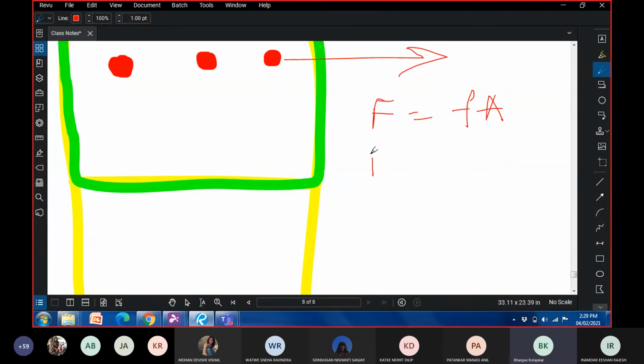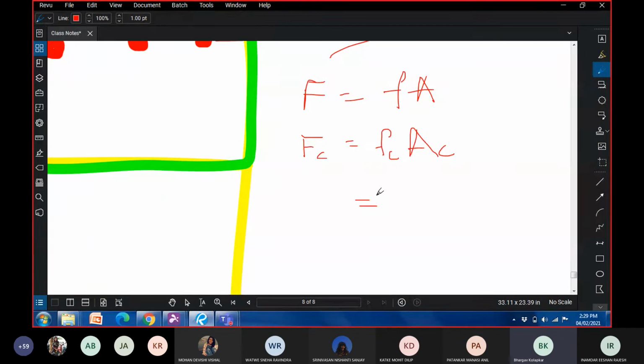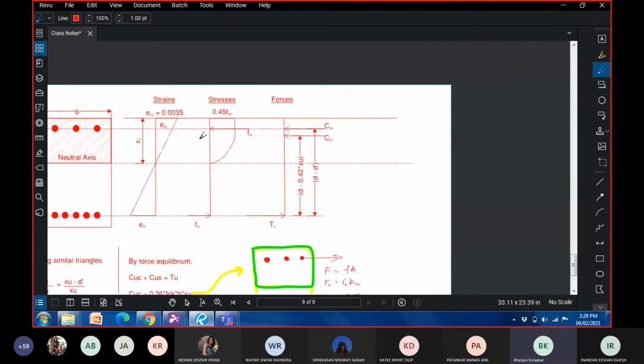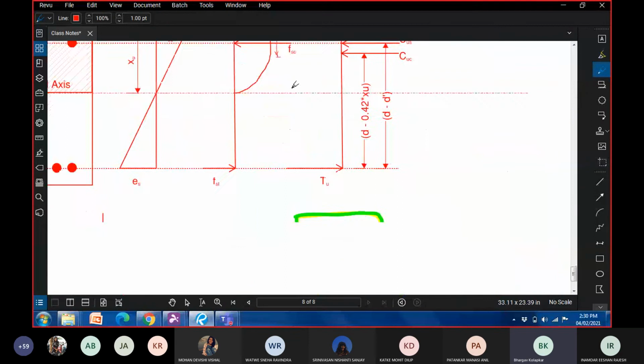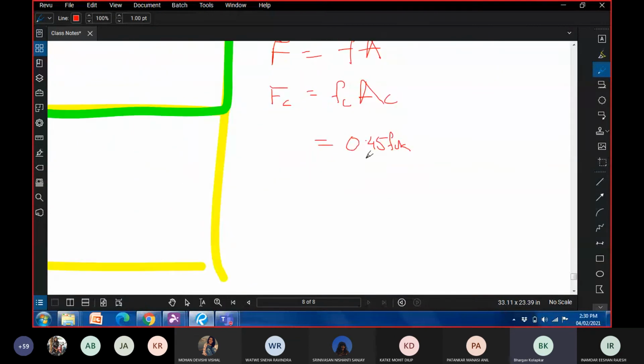So the force in concrete in this area is equal to the stress in concrete times the area of concrete. The stress in concrete is 0.45 FCK, because your rebar is located close to the compressive axis, and therefore you might just assume that this is the stress in this area.